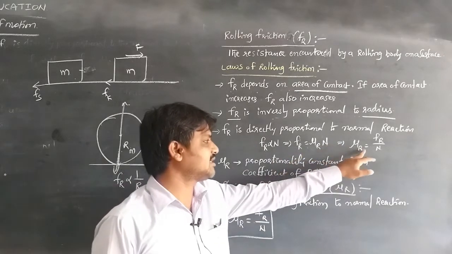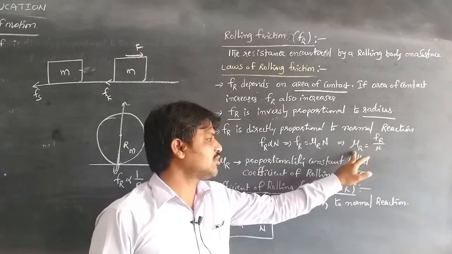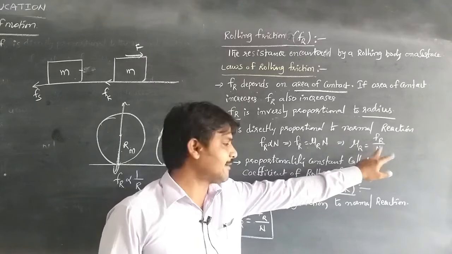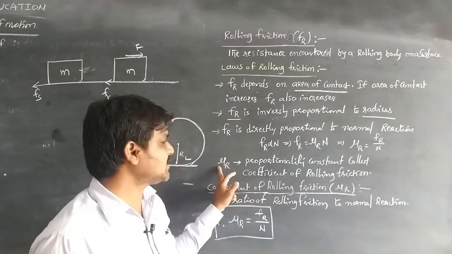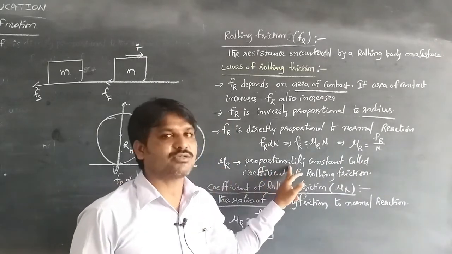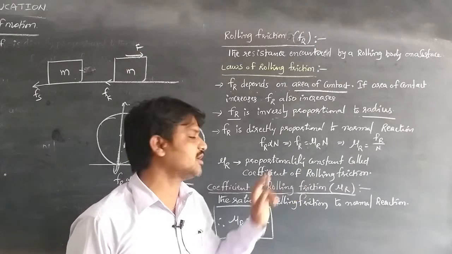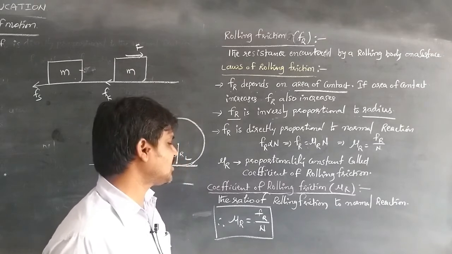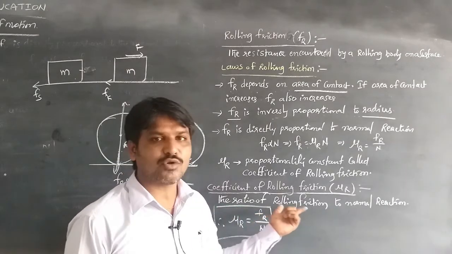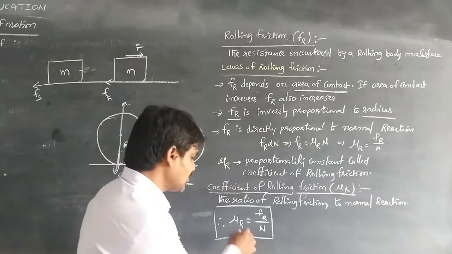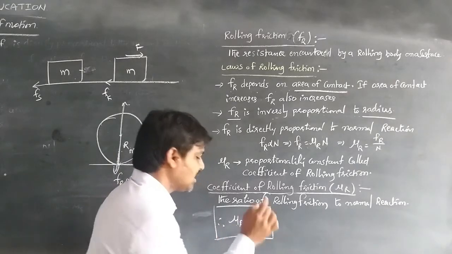When the normal reaction goes to the other side, it becomes the denominator, so mu R is equal to Fr by N. This mu R, the proportionality constant, is called the coefficient of rolling friction. So the coefficient of rolling friction is the ratio of rolling friction to normal reaction, mu R is equal to Fr by N.